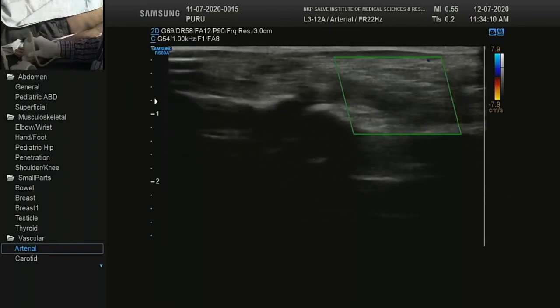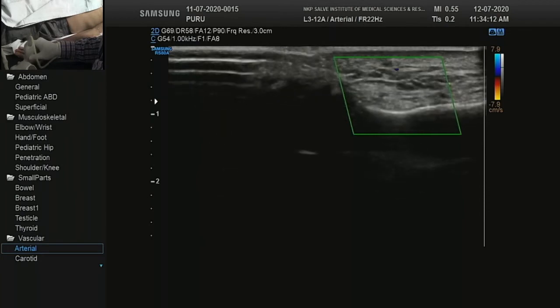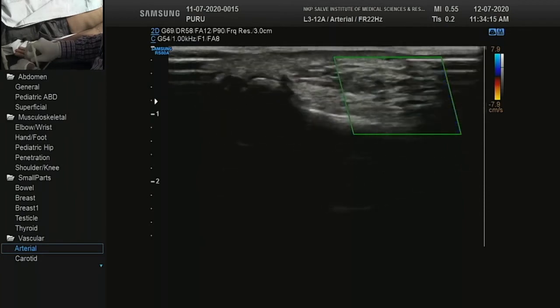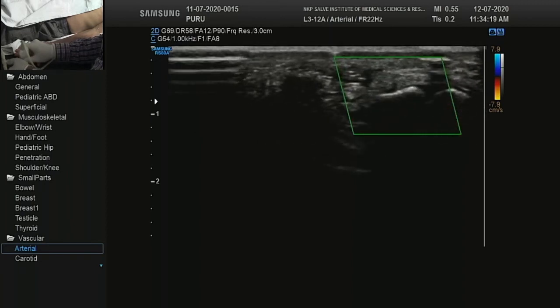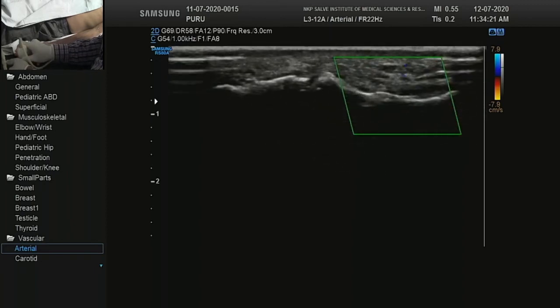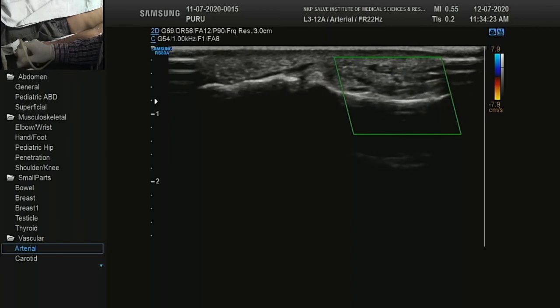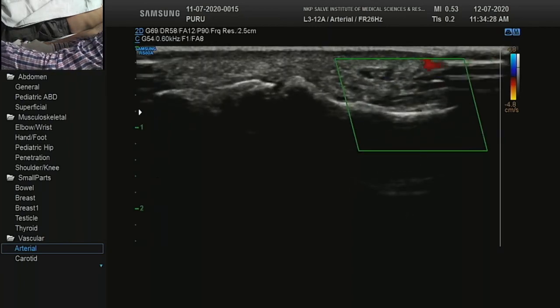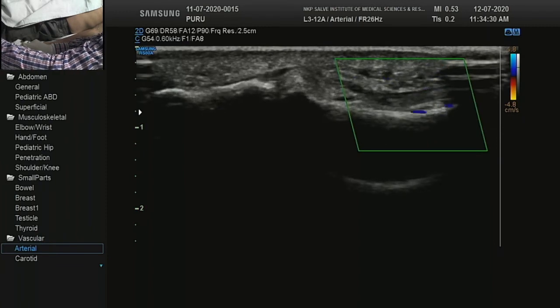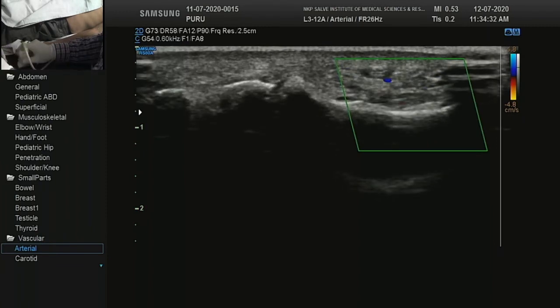We'll go to the proximal part. Sorry, the distal phalanx. You can see that small artery there.